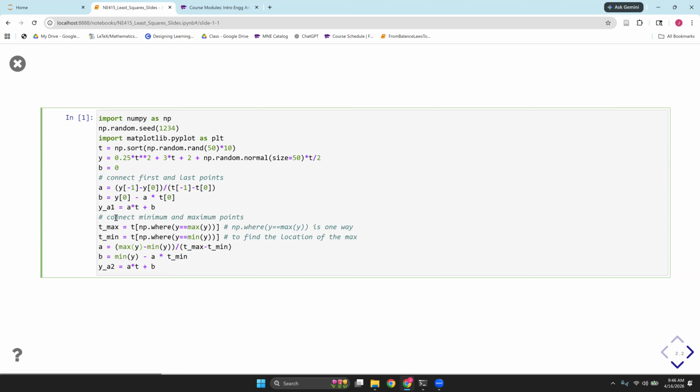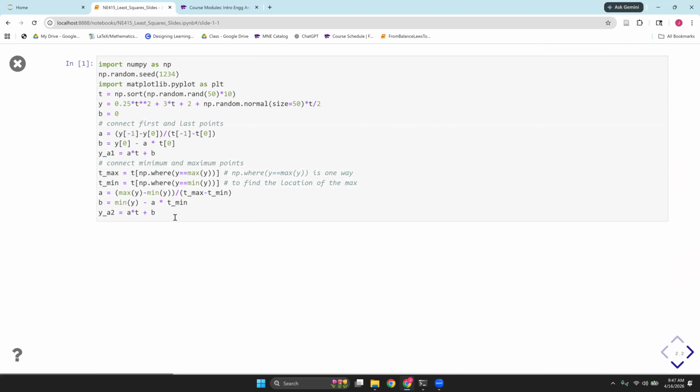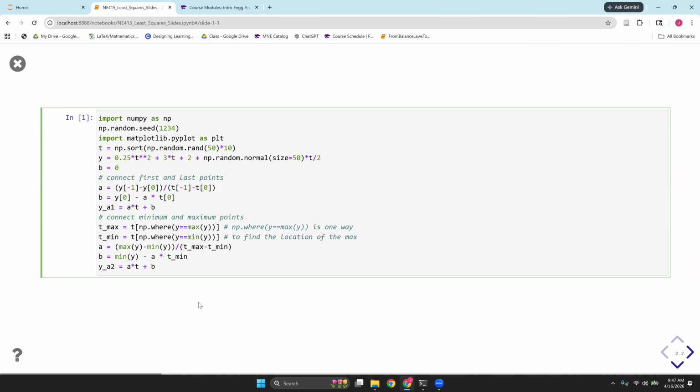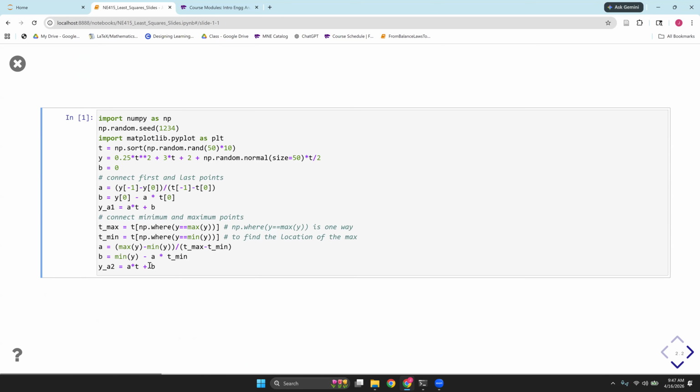I could also connect, what is it? What is the other one that I'm showing here? Where is my line? Ah, there we go. Okay, so connect minimum and maximum.